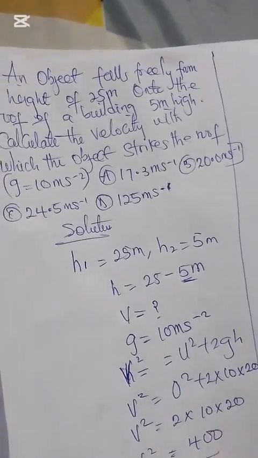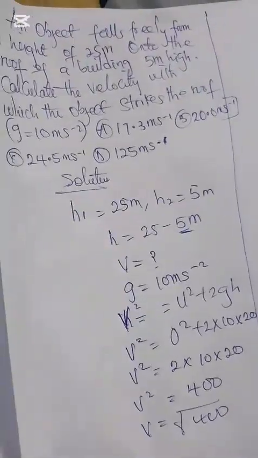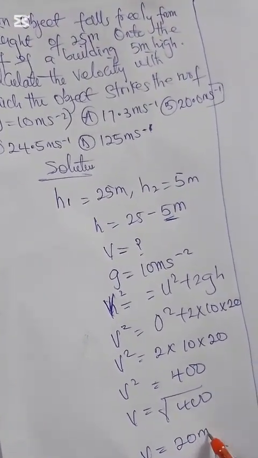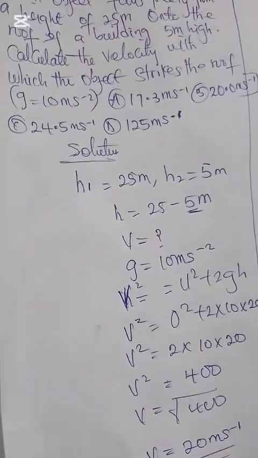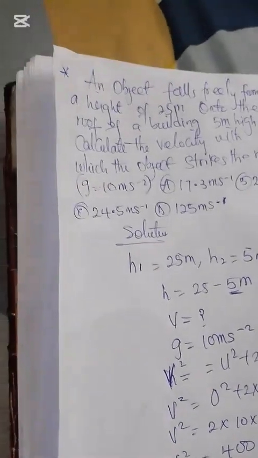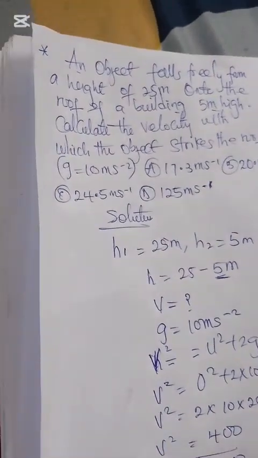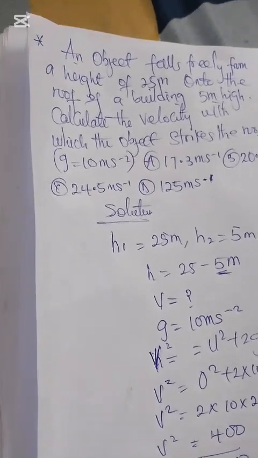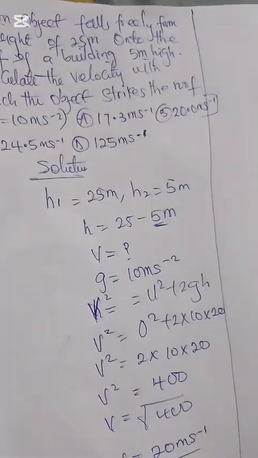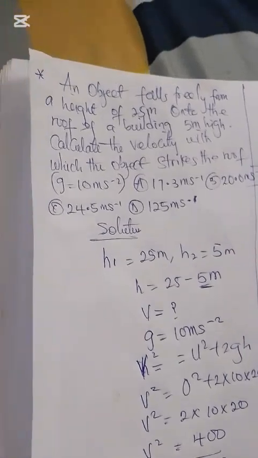So v will be the square root of 400, which is equal to 20 meter per second. That is the answer to the question. So the speed at which the object will strike the roof is 20 meter per second. That is how you solve such a question. I believe it's clear.